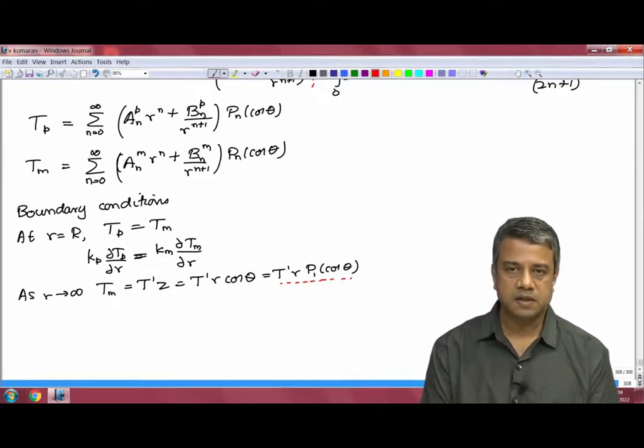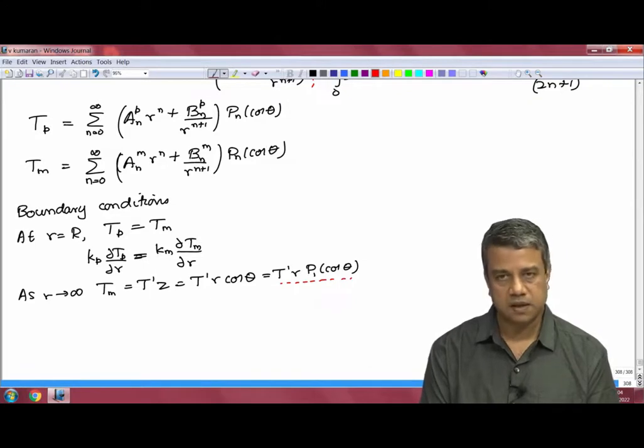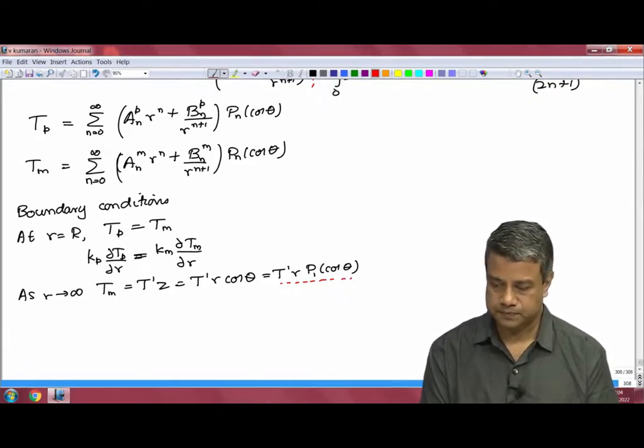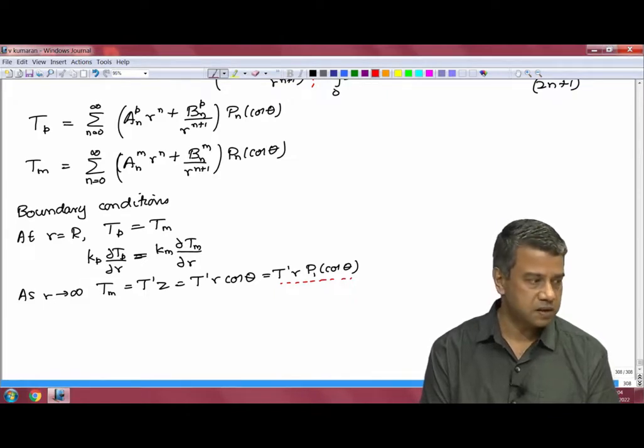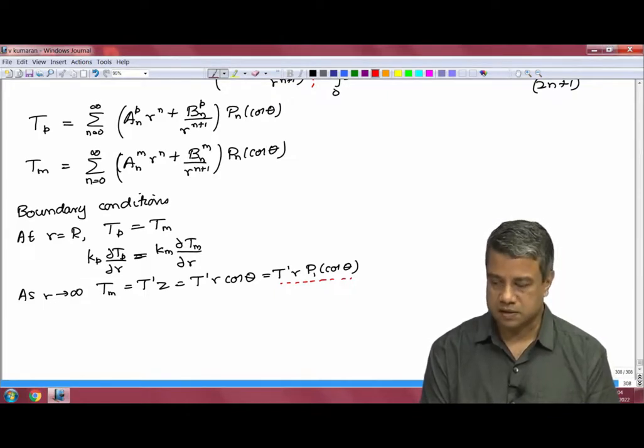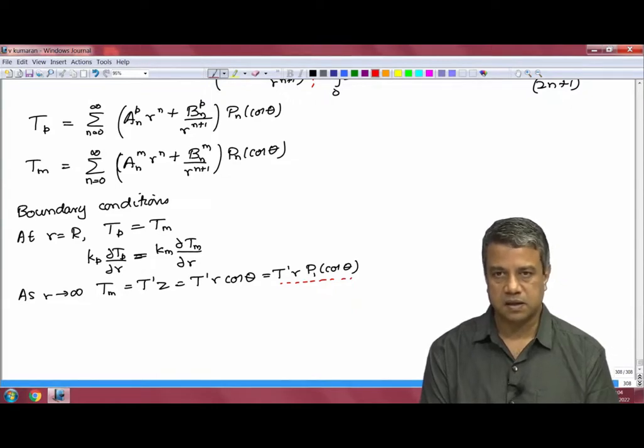And the temperatures have to be equal at the surface, the gradients have to be equal at the surface. Since the forcing for P0, P2, etc. as r goes to infinity is 0 for all Legendre polynomials except for P1, if I set the coefficients to be 0 throughout the domain, that will satisfy all the conditions. It will satisfy the equation because the equation is del square T is equal to 0.